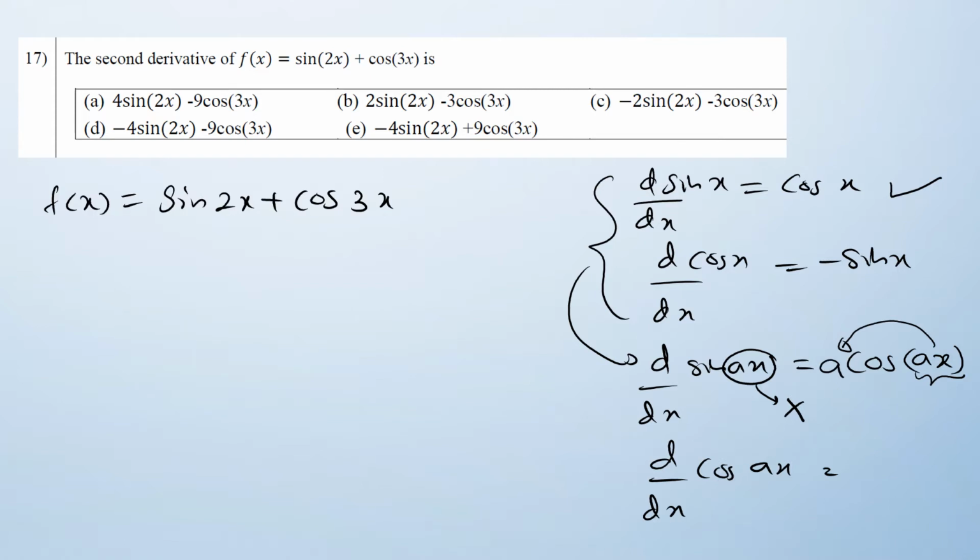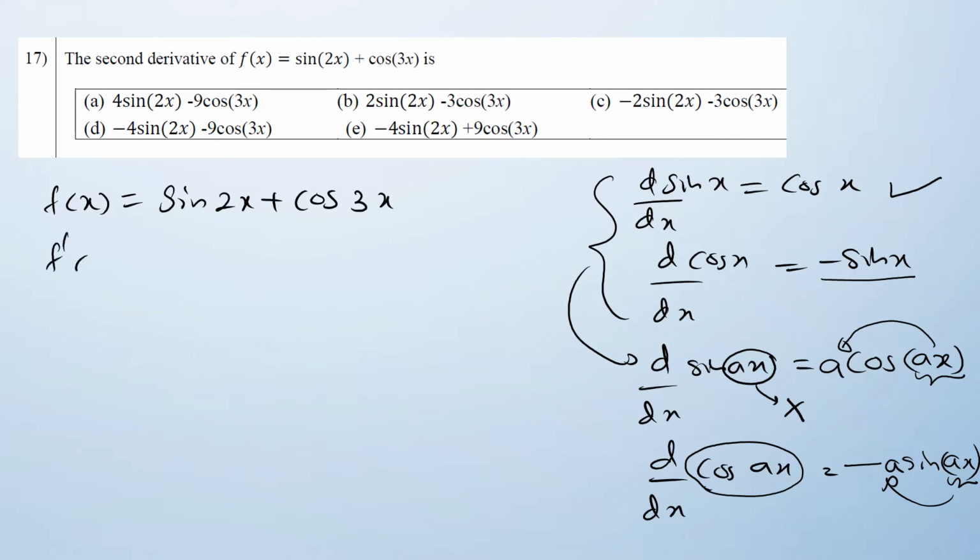In the same way, for the cos function, the derivative of cos x is minus sin x. X has been replaced by ax, so we write ax here. At the same time, you have to multiply it by its derivative, so we have minus a here.